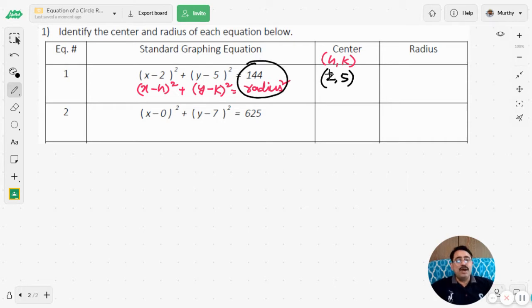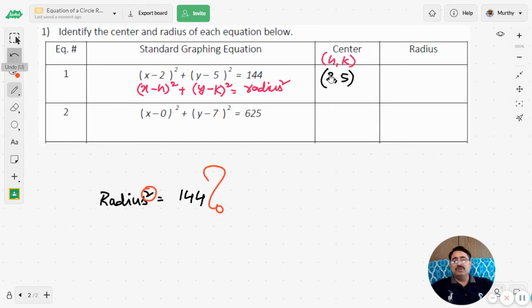Next, radius square equals 144. I see that there is a square here, and do I have a square here? No. You may compute this way: 1 times 1 gives me 1, and we compute this way until you get 144.